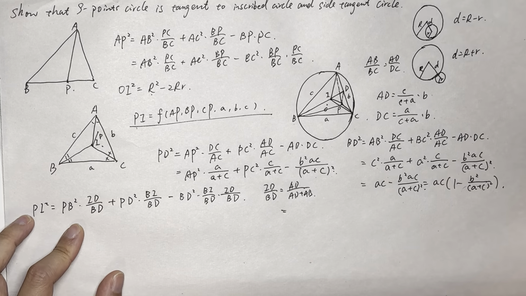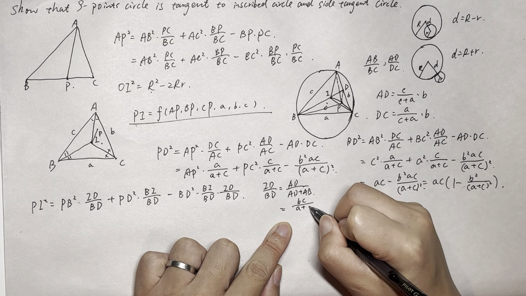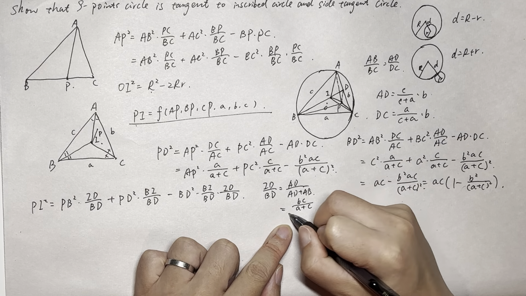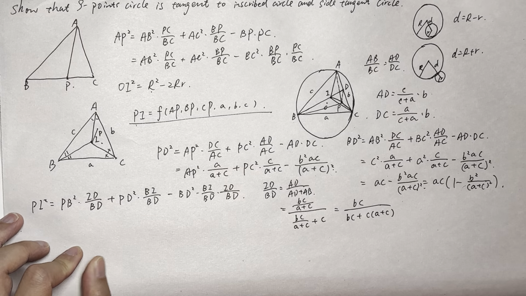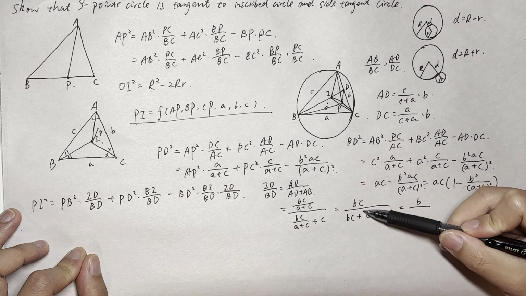That equals AD is BC to A plus C, over BC to A plus C plus AB, AB is C, right? So it equals BC to BC plus C, A plus C. We can cancel all the C out, so it equals B to A plus B plus C. That is ID to BD.